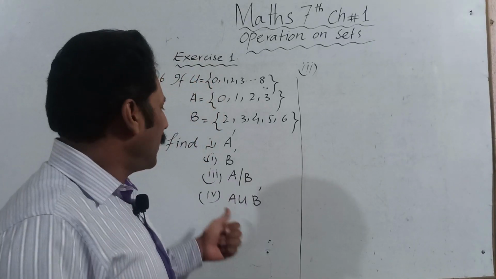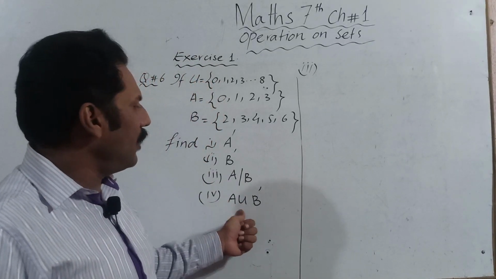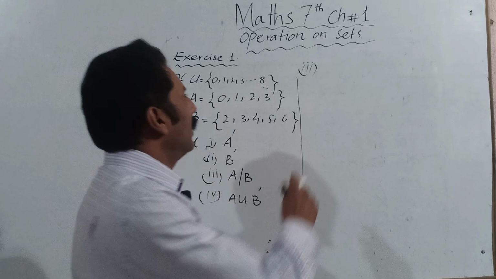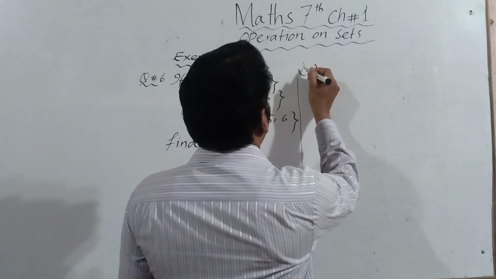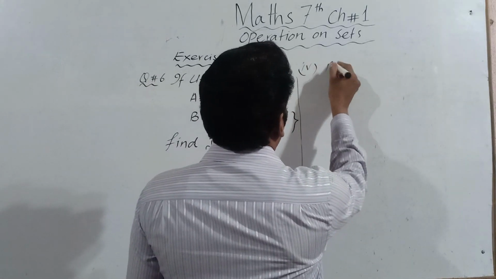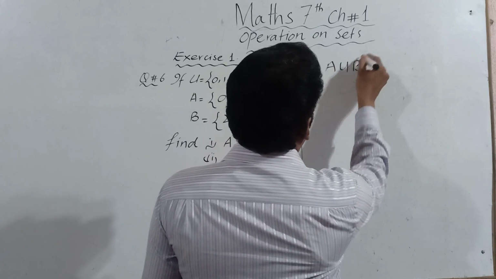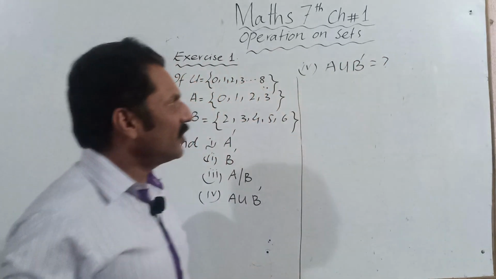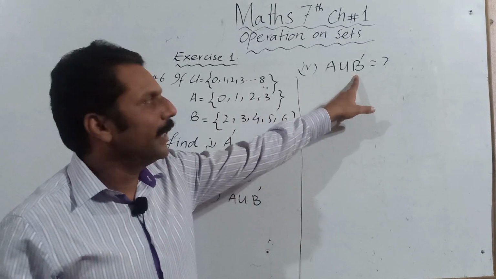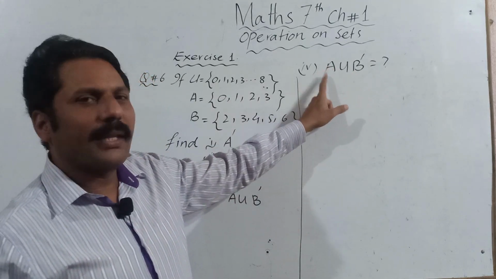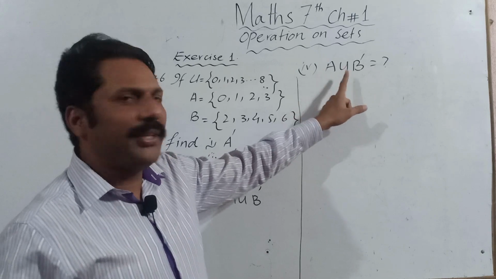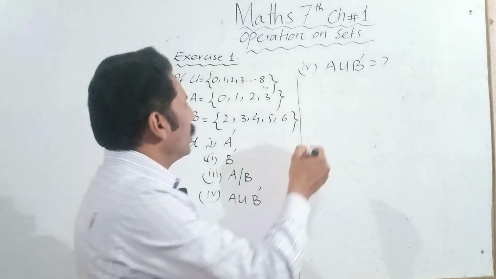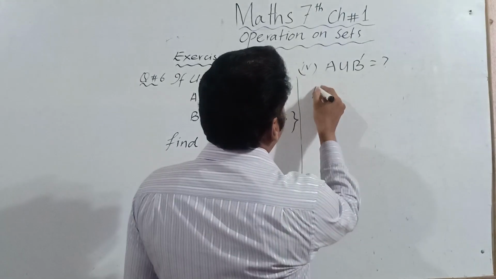Okay, in the fourth part, A union B whole complement we have to find. What will we do? First of all, we will find B complement, and then we will combine it with set A. So first of all, we will find B complement.